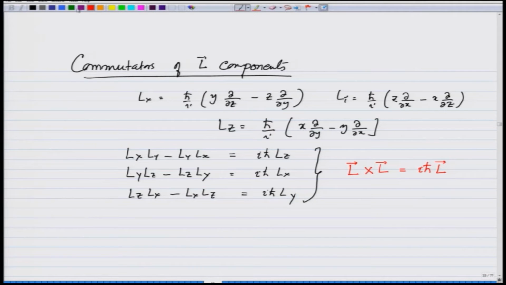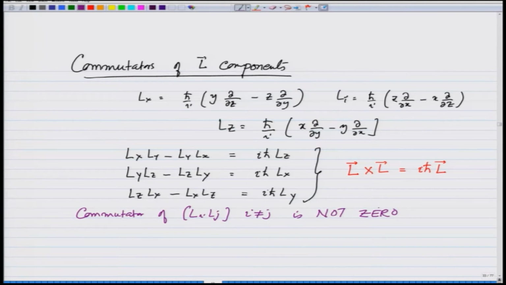So, what we notice is that the commutator of Li, Lj, i not equal to j, is not 0.